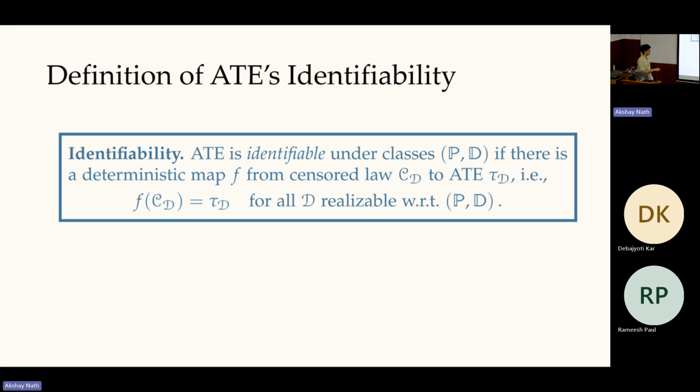And this works for all distributions which are realizable with respect to my classes. This is a funny definition in the sense that I allow this function to depend on measure zero sets as well, as long as the density there is different. So it's somewhat weird, but maybe our second result, which is quantitative, addresses this.